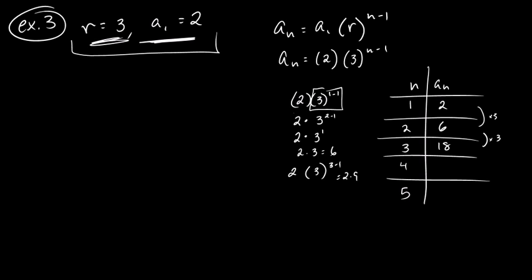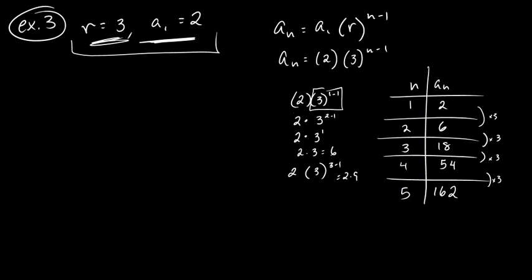So here I should get 18 times 3, so that's going to give me 54, and then 54 times 3, since it's geometric, that means I have this common ratio, and that's going to give me 162, I believe.